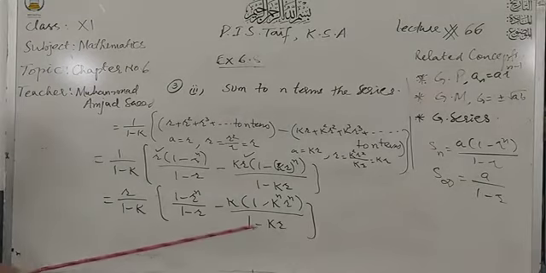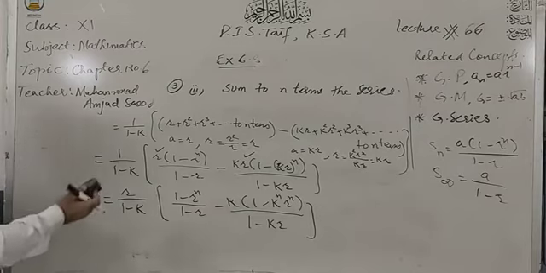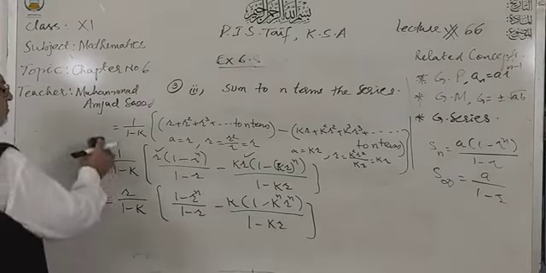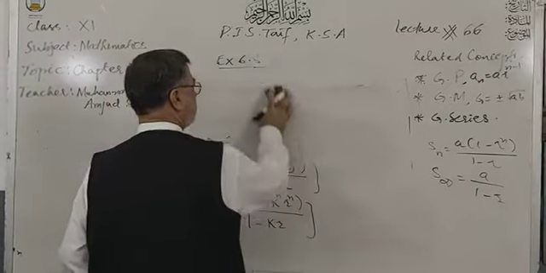You can take LCM as 1 minus r and 1 minus kr and then simplify, but you can leave this question up to here. I hope that you understood this question. That was a finite geometric series.